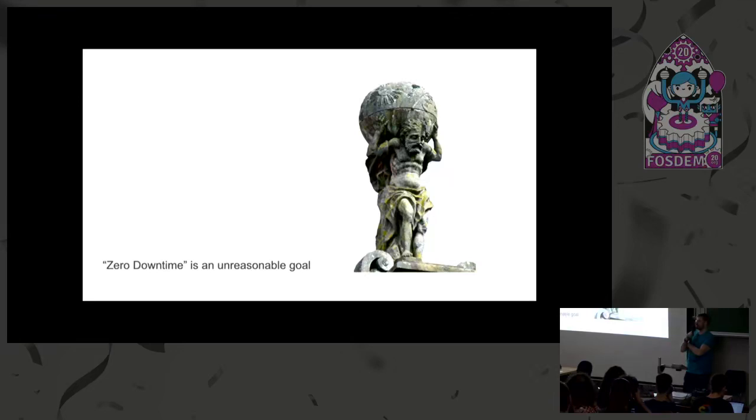It just simply means that we know how badly we're going to get scolded when we break an SLA. But simply put, zero downtime is not reasonable, but it's something that you can strive for. And if you're lucky, you can maybe reach it over a short period of time. But in the longer run, it's nearly impossible to reach zero downtime.